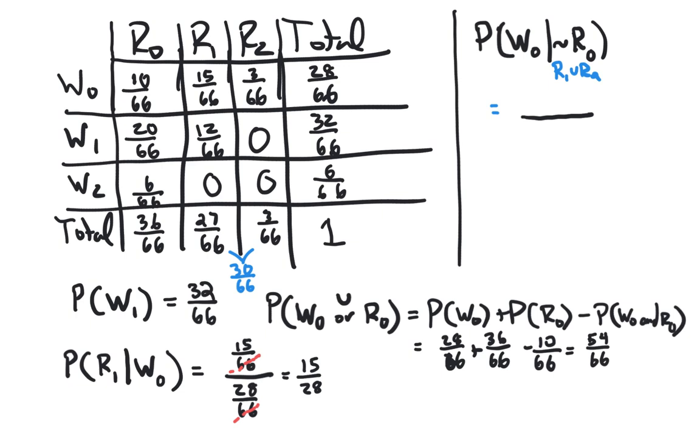So we know that the probability of drawing either 1 red or 2 reds, or put another way, not drawing no reds, is 30 out of 66. So that's going to be in our denominator. That's the total.